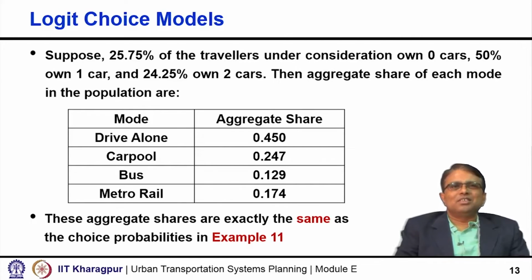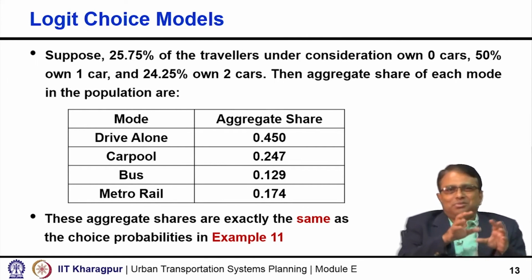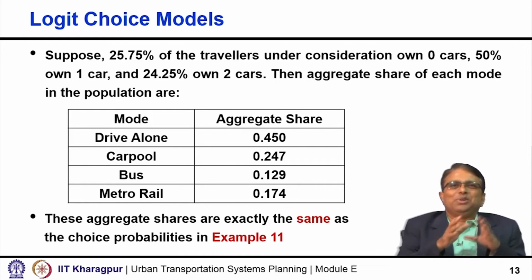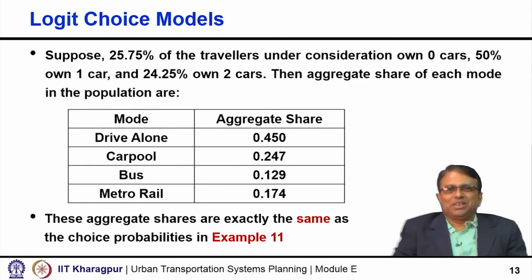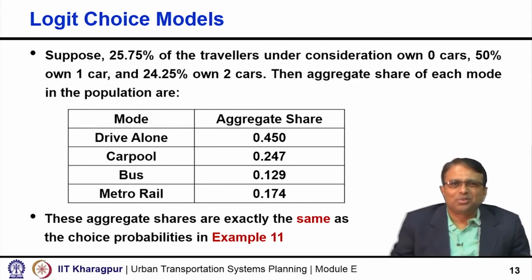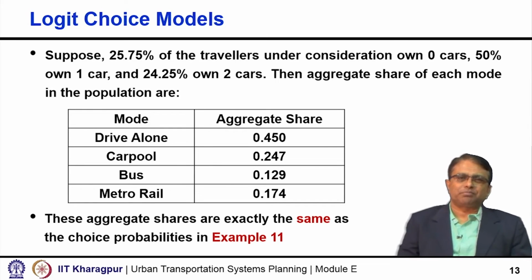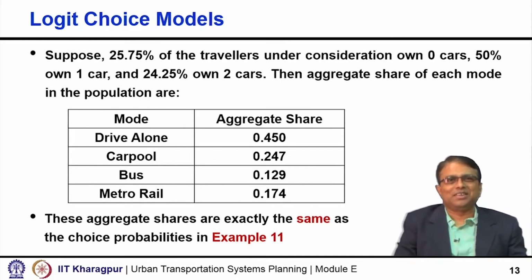Now, these aggregate shares are exactly the same as the choice probabilities in example 11. 11 is just the previous example. We wanted to change the values and the shares in such a manner that we bring those same distributions, what you saw in example 11. It was not a must, but we did it by choice. We somehow adjusted the numbers so that you get it.